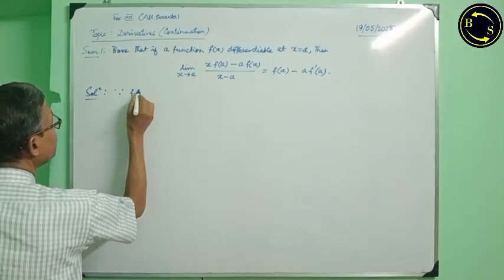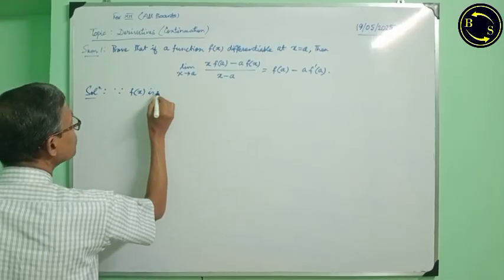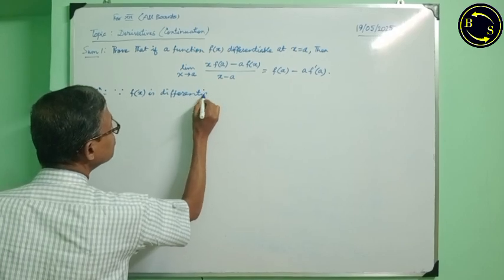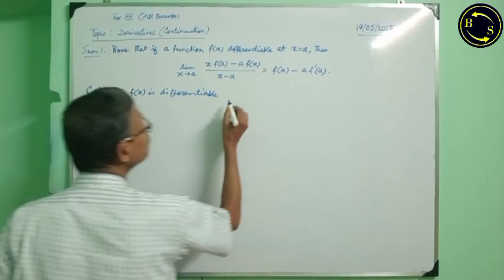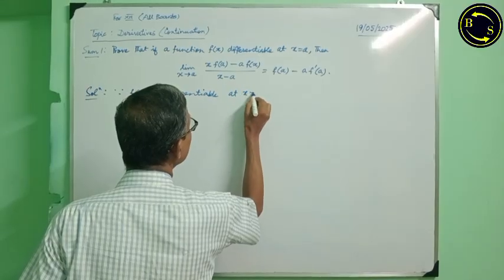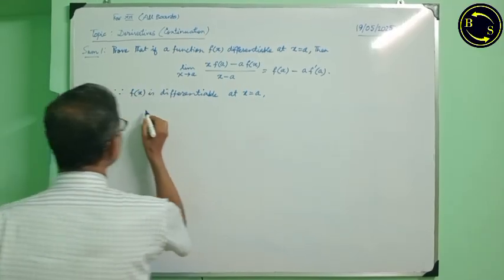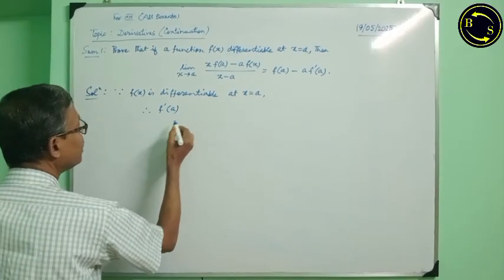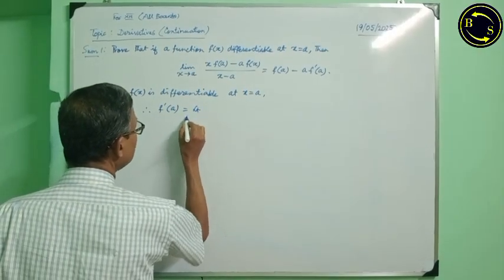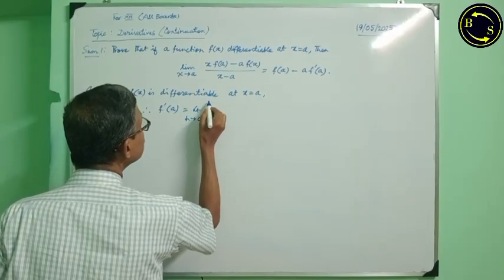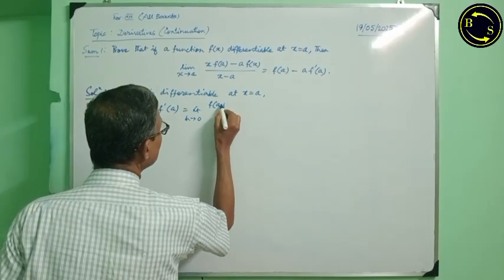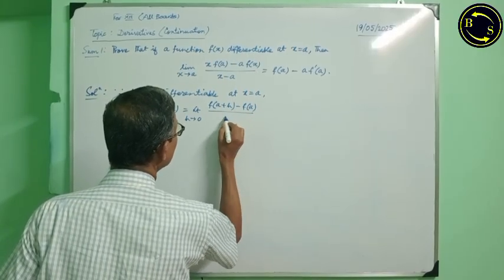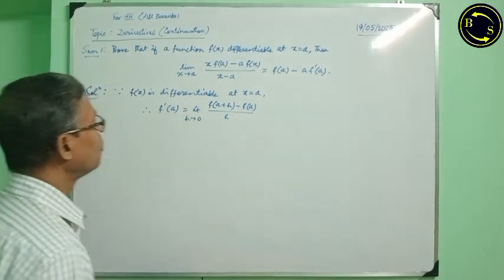Since fx is differentiable at x equal to a, therefore f dash a is equal to limit h tends to 0 of f of a plus h minus f a, divided by h.